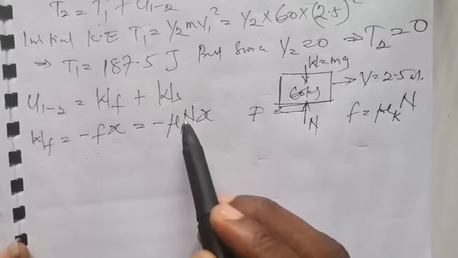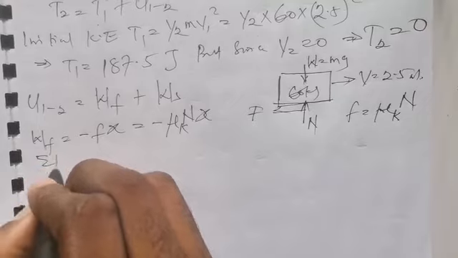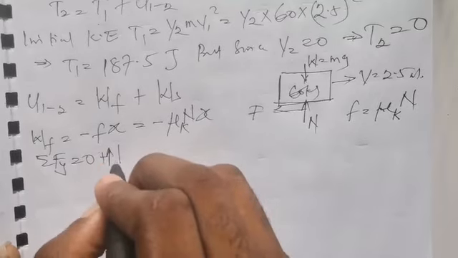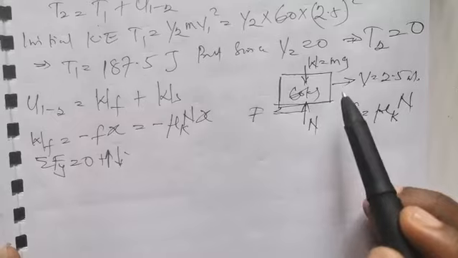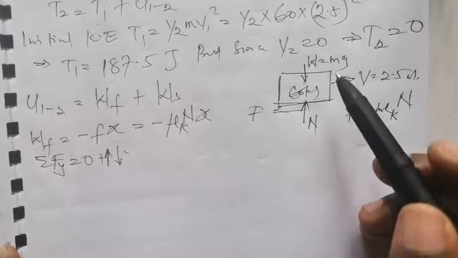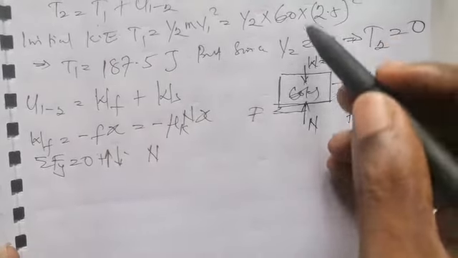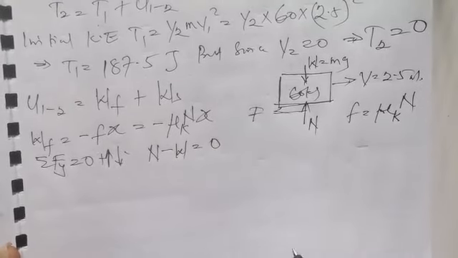Okay, how do we get our normal reaction? Look at the diagram. From the equilibrium law, summation of vertical force is equal to 0, upward force positive, downward force negative. If we look at the package, our normal reaction is pointing vertically upward, so it's taken as positive. Then we have the weight of the object acting vertically downwards, minus W, and this is equal to 0.